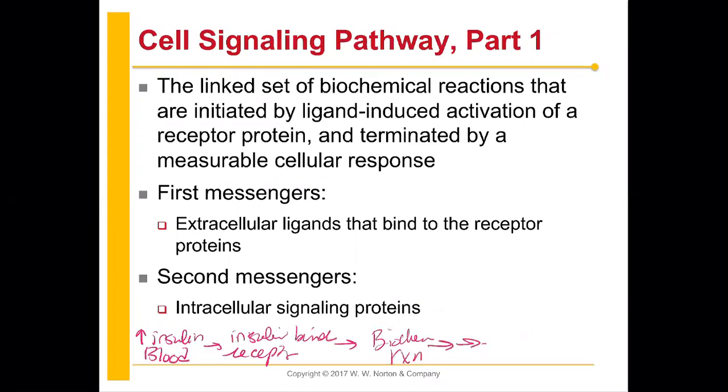And it's not just one, it's usually a bunch of them, that involve activation of intracellular protein kinases. What does a kinase do? A kinase is going to phosphorylate something, right? And ultimately, we're going to regulate glucose homeostasis.